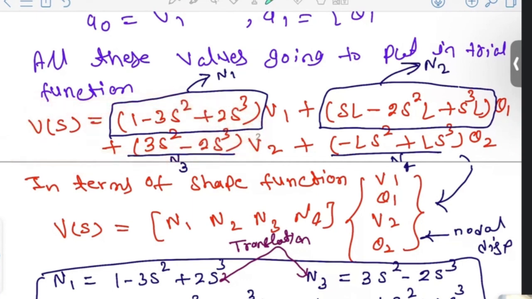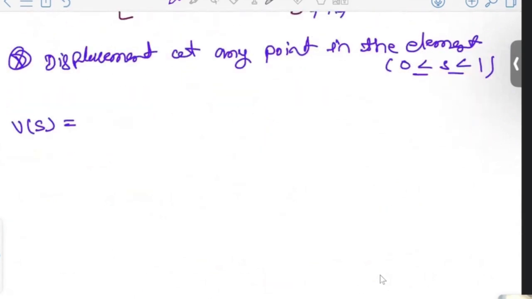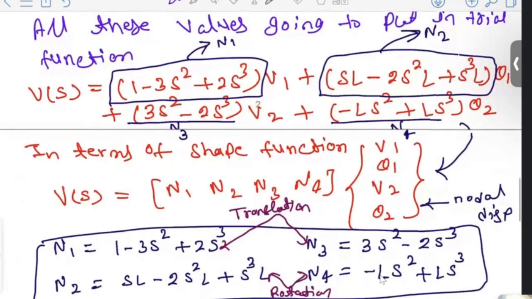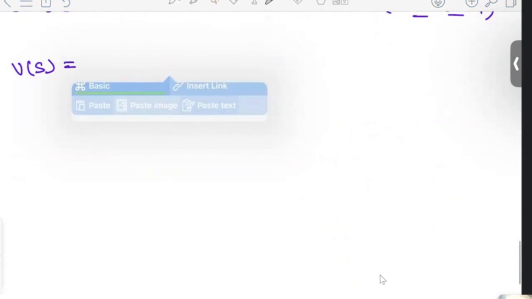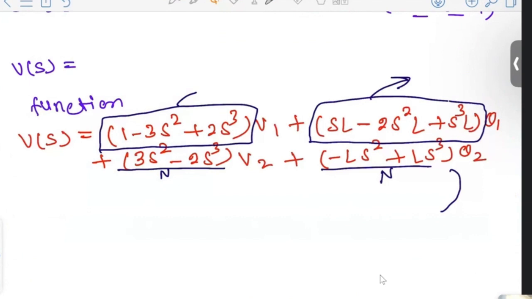So we have to use this equation. Okay. So what will be our shape function? The displacement function I will copy from here.